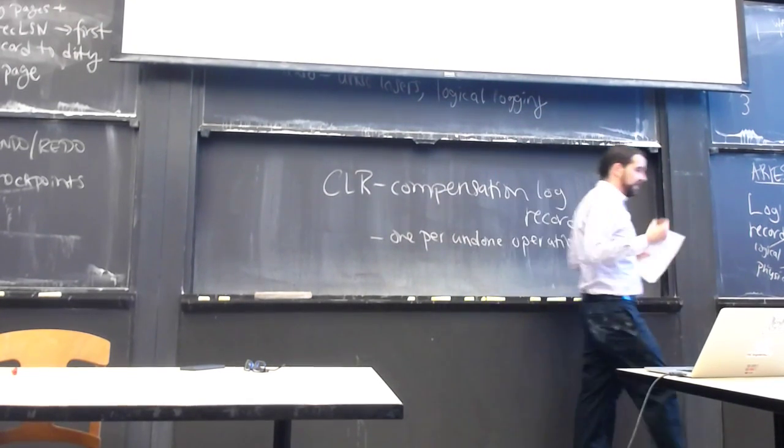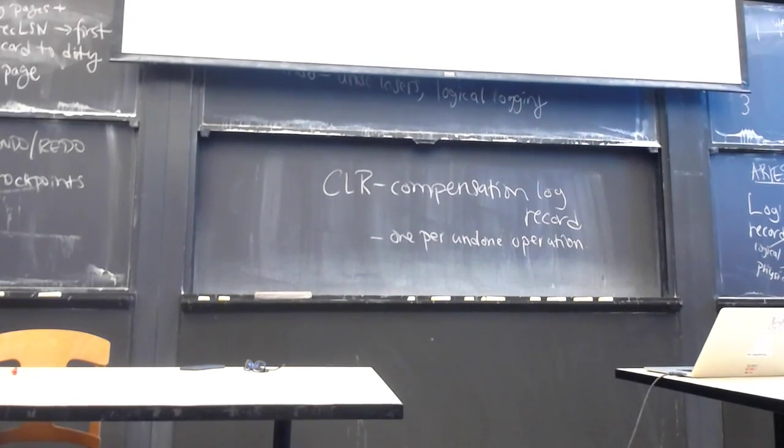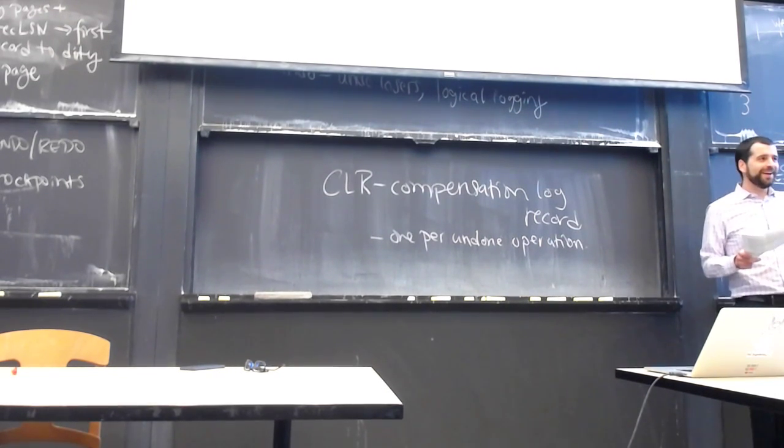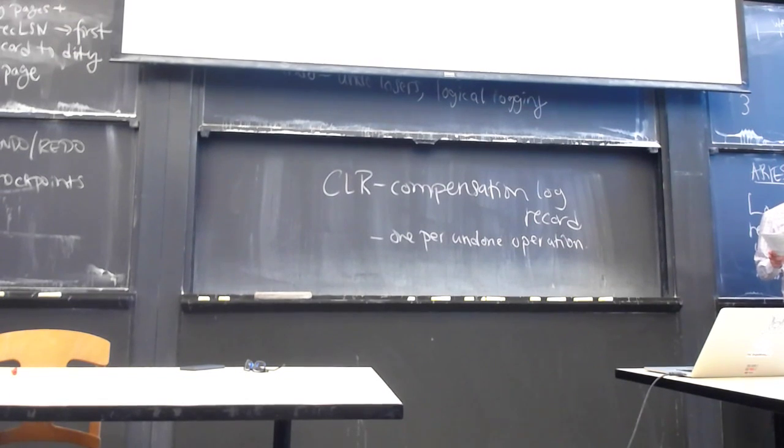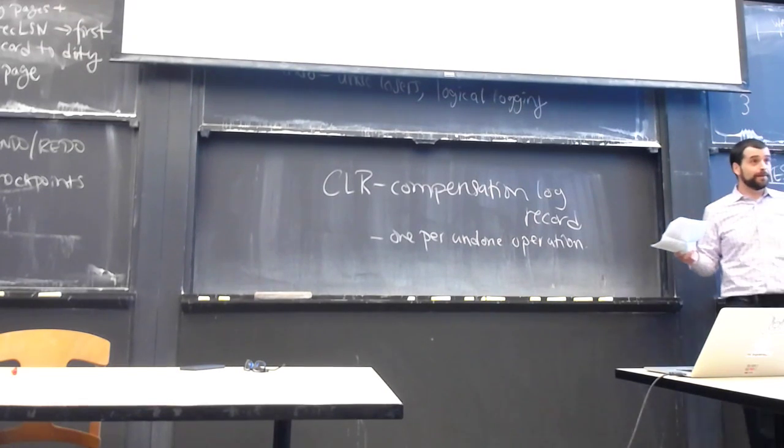So we write one of these for every logical operation that we undo. It's a little bit confusing. Just like we replay all the regular operations, we're also going to replay these CLR operations. When we redo a CLR operation, we're actually repeating the undo of some operation that we previously undid. I'll say that again. When you replay a compensation log record, you're redoing the undo of some operation that you were undoing when the system crashed, all right?